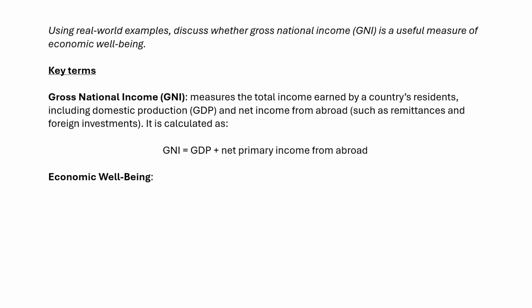So GNI includes both domestic production, which is GDP, as well as whatever other net income that we earn from overseas. So let's say a country invests heavily in another country, and those investments begin to pay off, and those earnings are sent back to the home country. Well, we need to include those measures in GNI as well as domestic production, which is GDP.